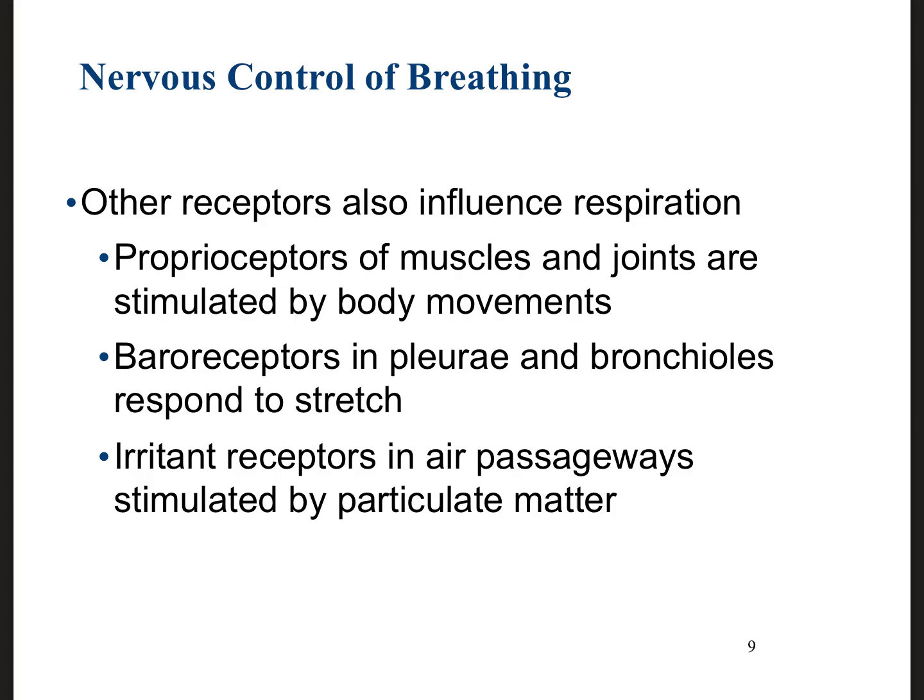So then CO2 levels eventually will go down in the blood, CO2 will diffuse out of the CSF, and then will bring pH back up to normal. Okay? Other receptors that are involved that also influence respiration. We have proprioceptors.